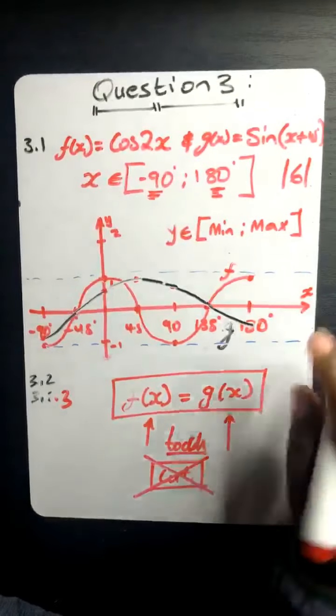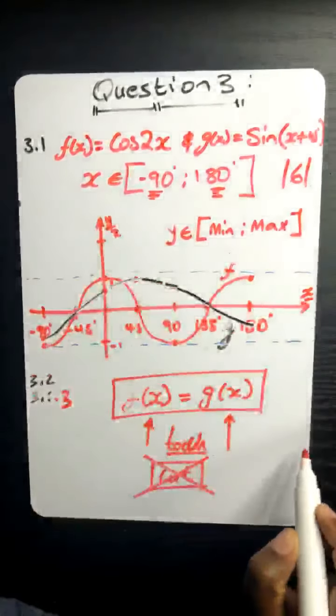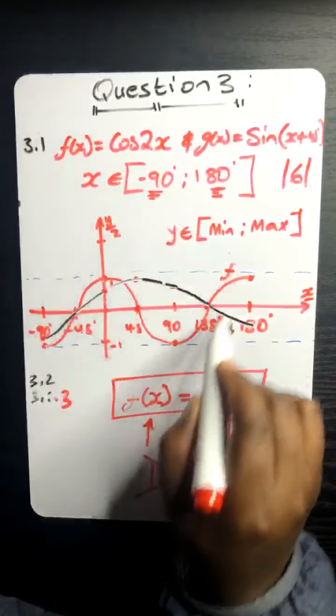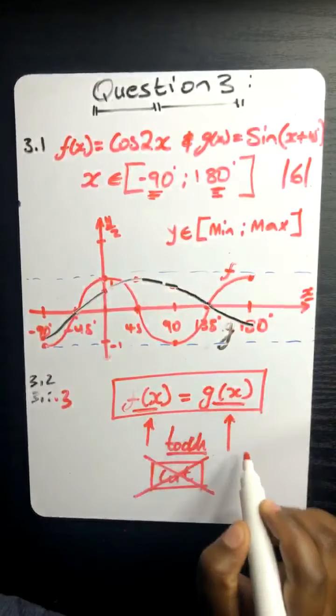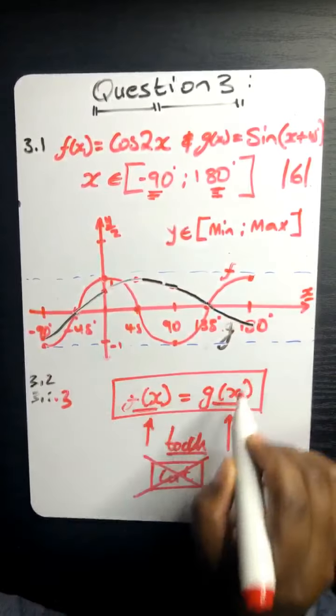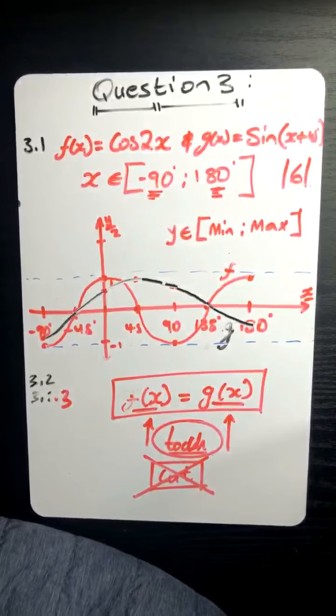Because you forget about the x-axis and the y-axis. You only concentrate on F and G. So when you concentrate on F and G, at how many points are these two functions touching each other? That is what they want. You just give that number.